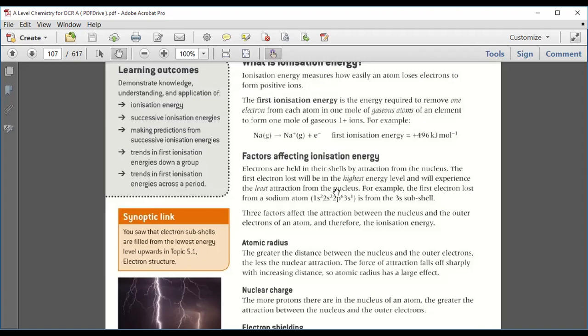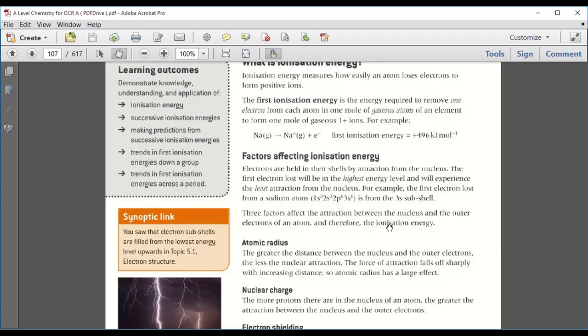Basically, there are three factors that affect the attraction between the nucleus and the outermost electron of an atom, and therefore the ionization energy. It means that if the force of attraction between the nucleus and the electron changes, its ionization energy automatically changes.